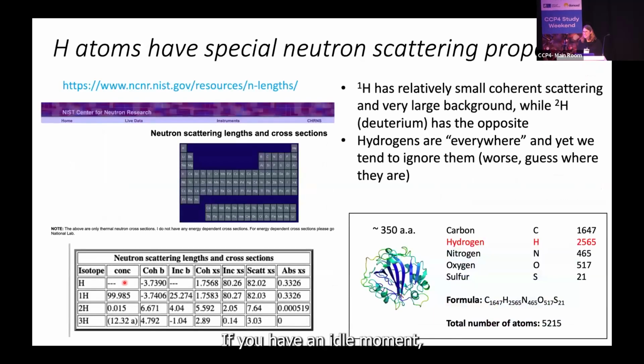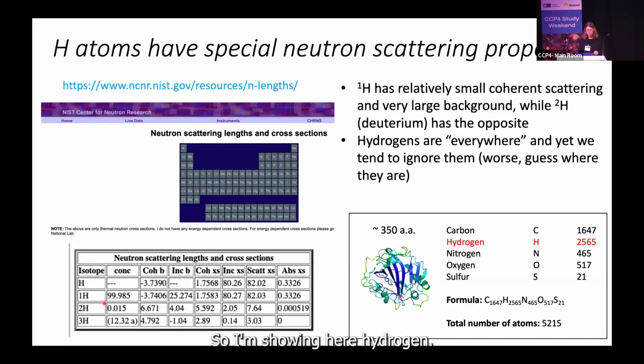If you have an idle moment, I recommend to go to this NIST website and check out this beautiful interactive periodic table where they have in a very detailed way populated each element with all the neutron scattering length data and cross sections that were empirically measured. So you can click on a particular element, it will open this box at the bottom, and here you can see a very nice summary of the scattering properties of the isotopes of the same element.